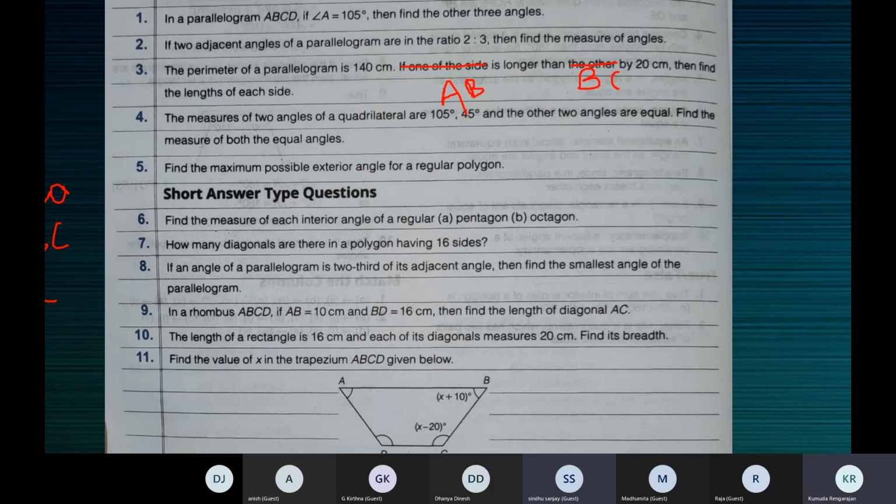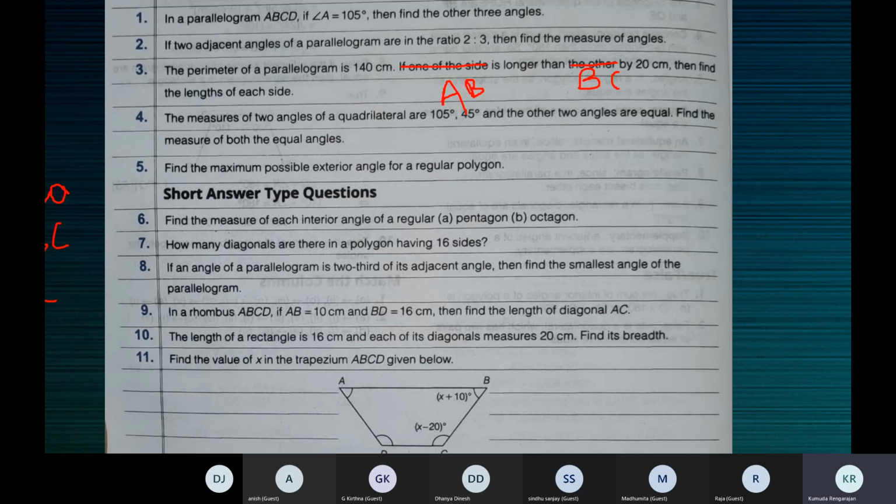So 16 into 16 minus 3 by 2, ma'am. Then 16 into 13 by 2 equals 104, ma'am. 13 into 8 is 104. Correct. Yes, ma'am.